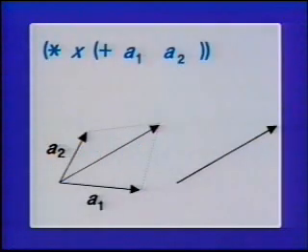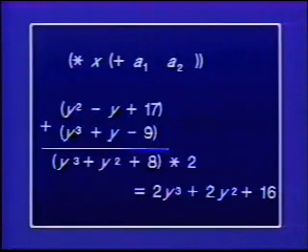but suppose I also want to use that same idea to think about vectors. I could add two vectors, a1 and a2, and then scale them by some factor x and get another vector. Or I might say I want to think about a1 and a2 as being polynomials, and I might want to add those two polynomials and then multiply them by 2 to get a more complicated one.